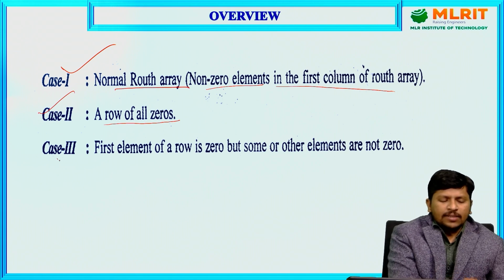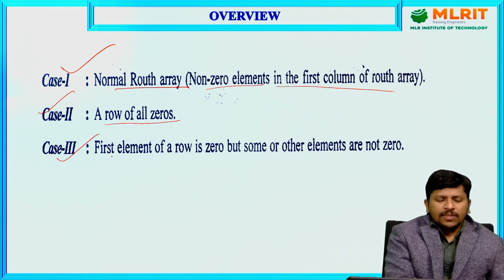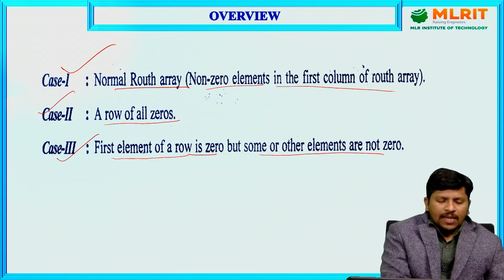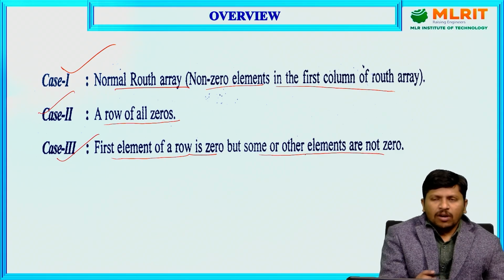The next case is where the first element of a row is zero, but some or other elements are not zero. That is, the first element of a row is zero, and the remaining elements have at least one non-zero value.